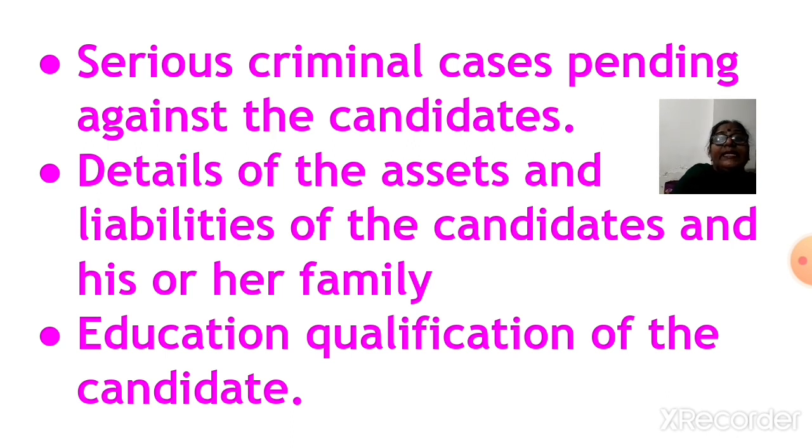Second is details of the assets and liabilities of the candidate and his or her family. Now the candidate has to give all the details of the property owned by him and his family members. It should be given to the people. The third one is education and qualification of the candidate.